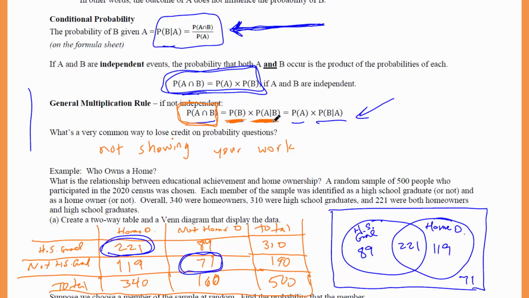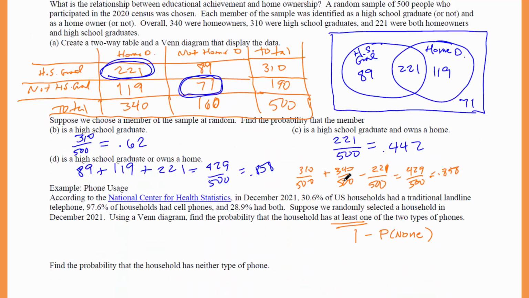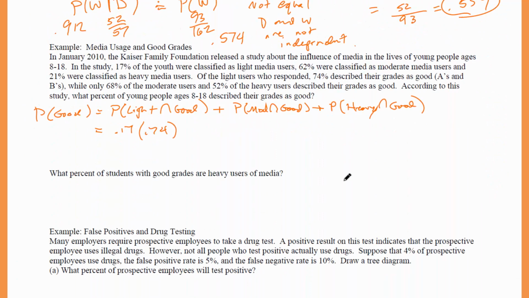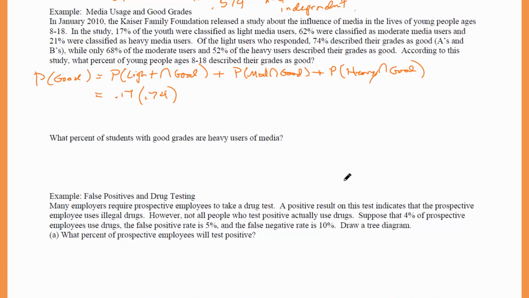So the probability of being a light media user and having good grades is the same as the probability of being a light media user times the probability of having good grades if you are a light media user. Those were the numbers we were given, so we can multiply those two to get the probability of being both someone with good grades and someone who's a light media user.